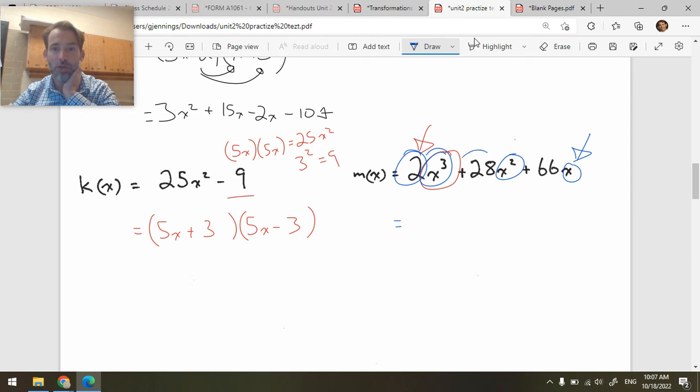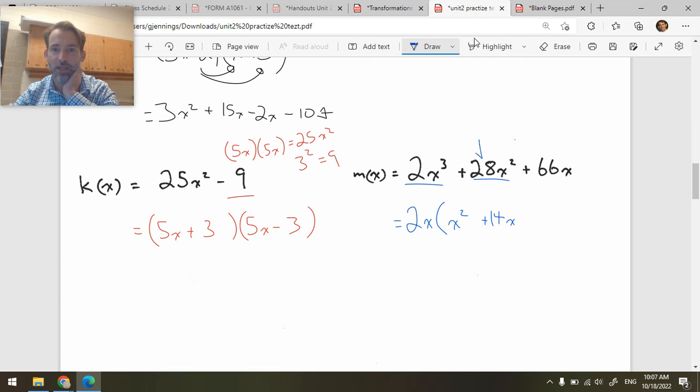And I also notice that 2, 28, and 66 are all divisible by 2. So my greatest common factor is 2x. So let's take out 2x. If I multiply 2x by x squared, that would recreate this. If I multiply 2x by 14x, that would recreate that.